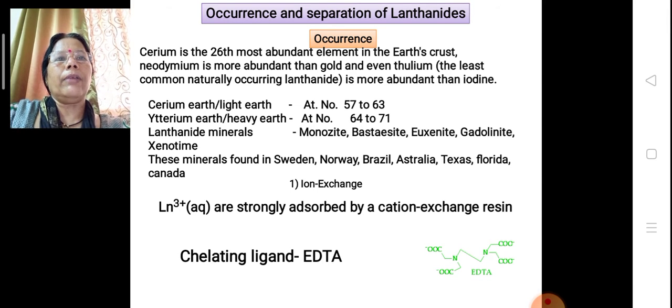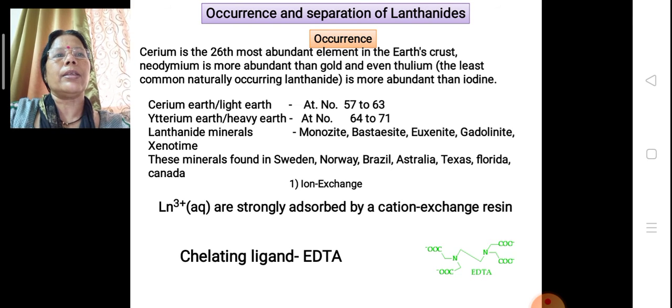Yttrium earths are the heavy earths, atomic number 64 to 71. Lanthanide minerals include monazite, bastnasite, gadolinite, xenotime, etc. These minerals are found in Sweden, Norway, Brazil, Australia, Texas, Florida, and Canada.